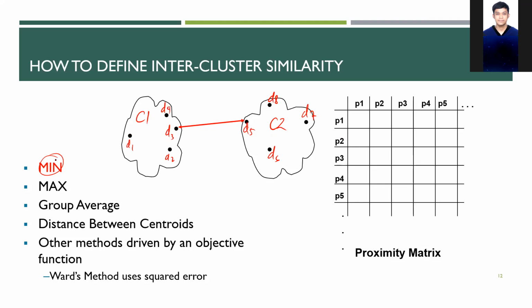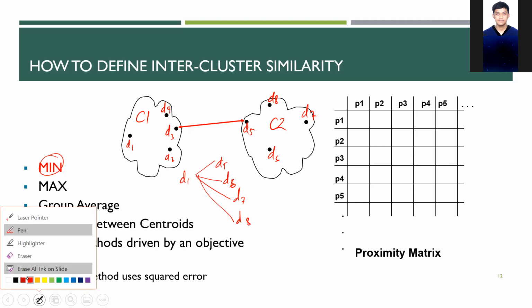And min is the minimum distance between these data points across the two clusters.